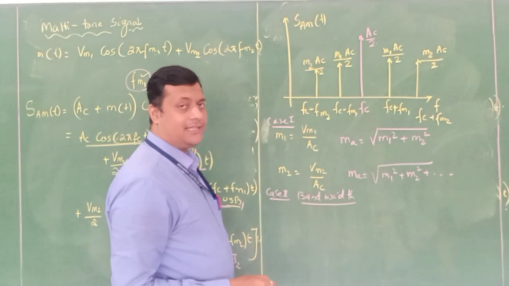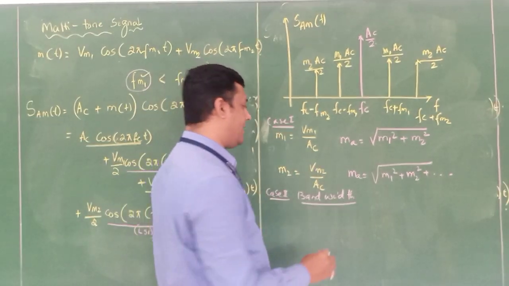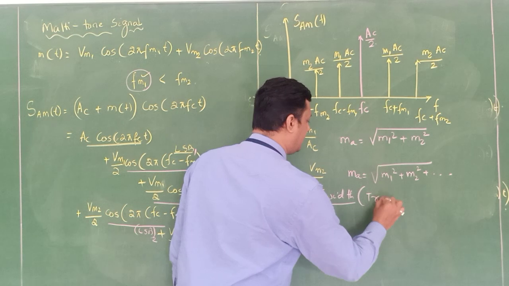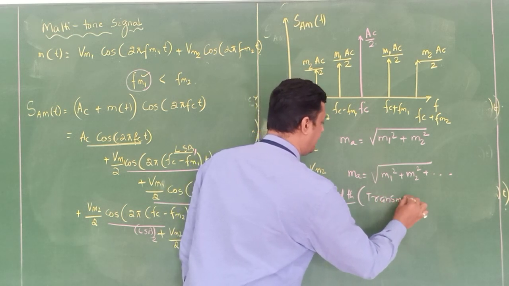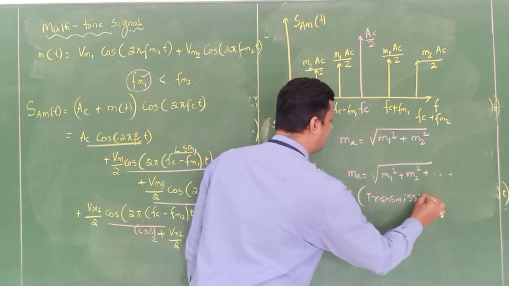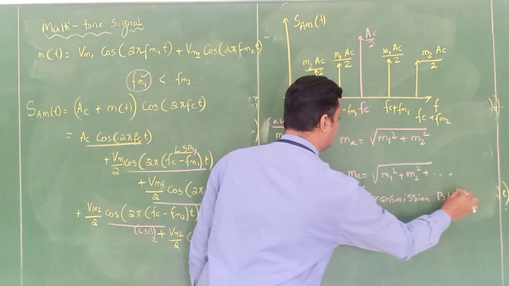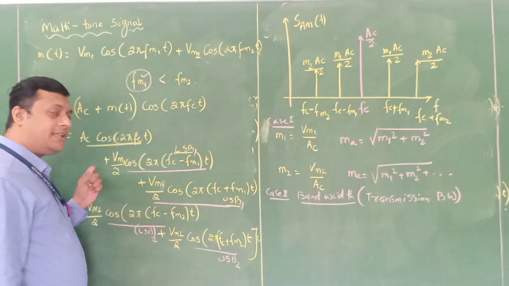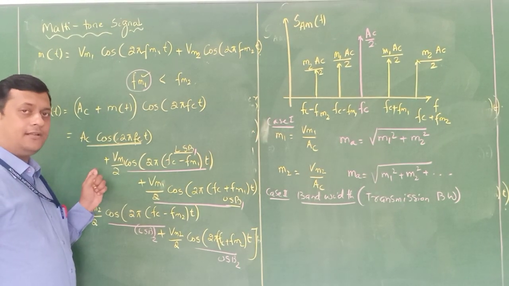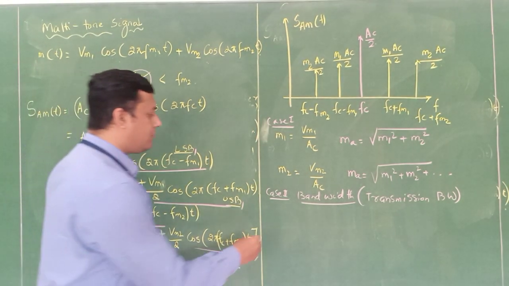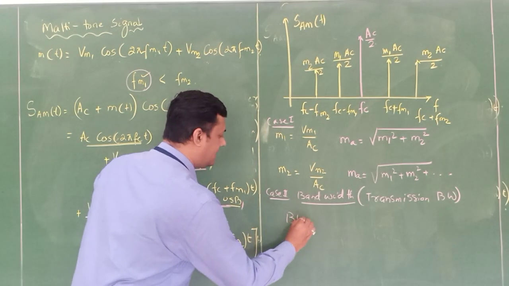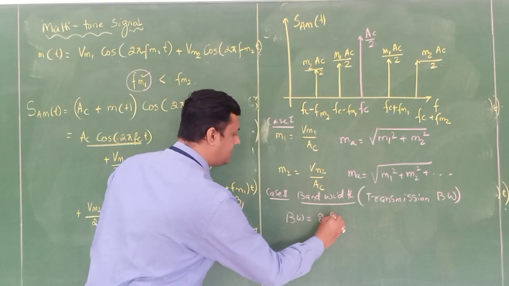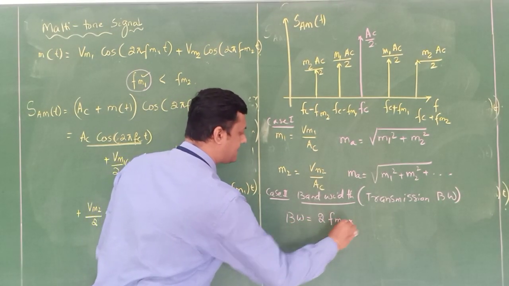And this bandwidth is called the transmission bandwidth, BW. So when I am going to transmit this multi-tone signal, what will be its bandwidth? So what will I write? Bandwidth is equal to twice Fmax.